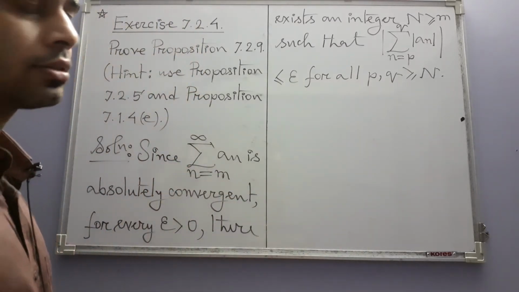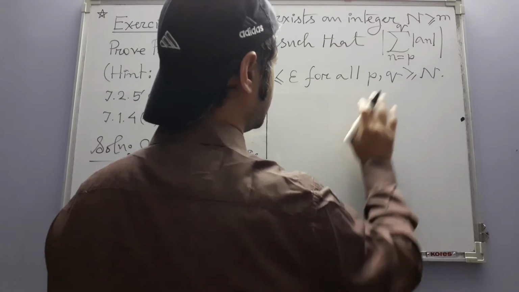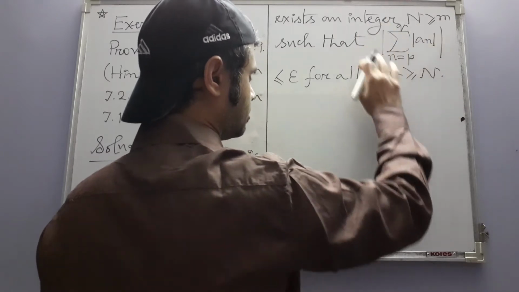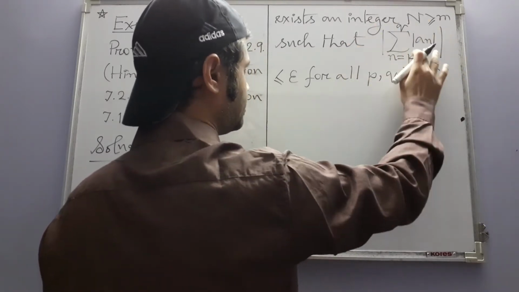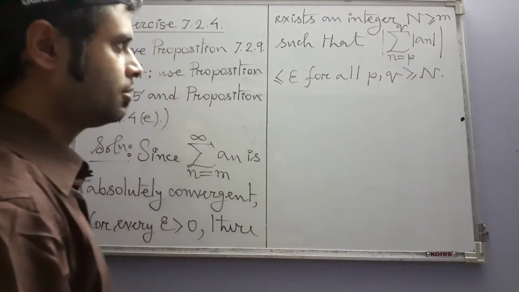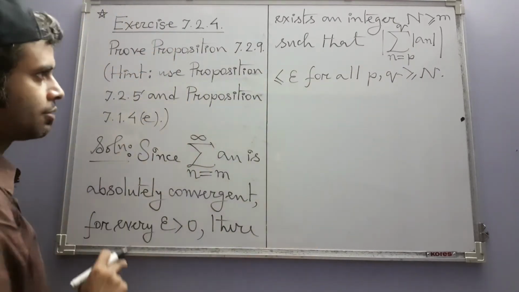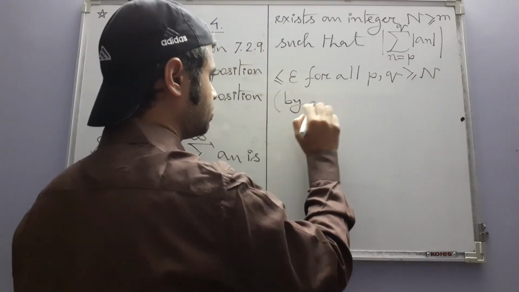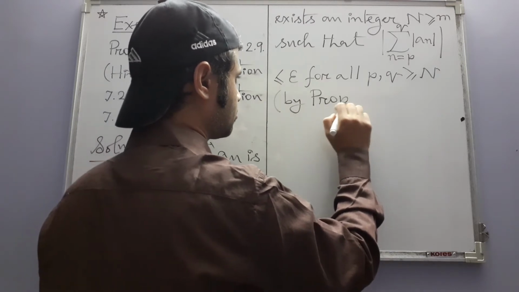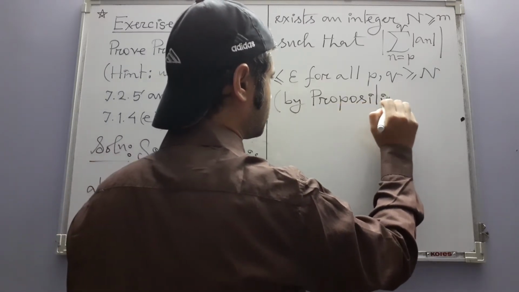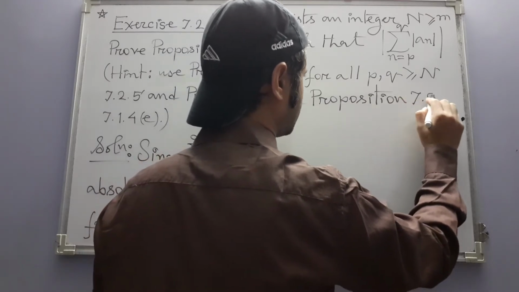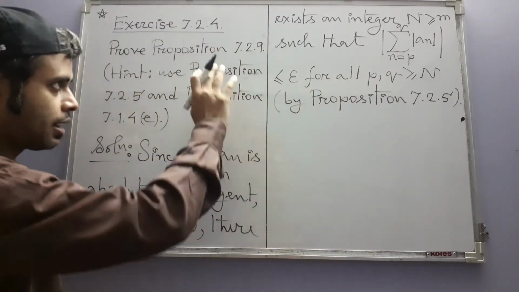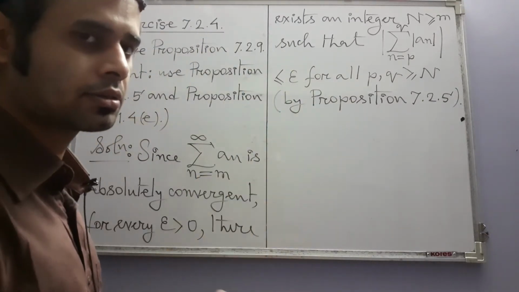It's understood from the context that they are integers greater than or equal to N. Whenever they are integers satisfying this condition, such a finite series has its absolute value less than or equal to epsilon, and this is coming from proposition 7 to 5. We mention that also by proposition 7 to 5; if you want, you can mention this in the actual statement also.